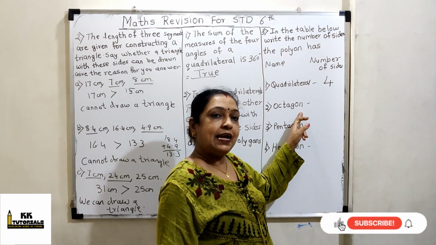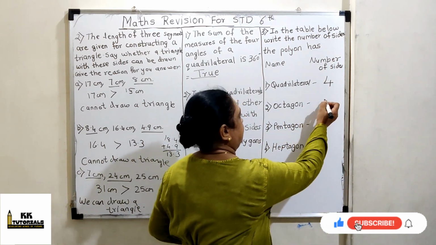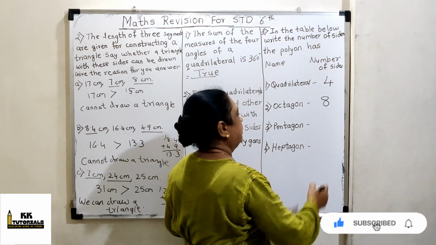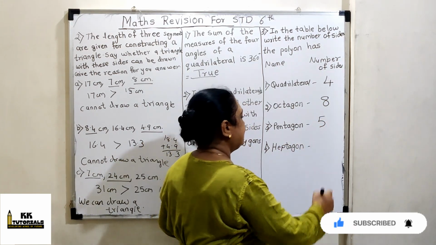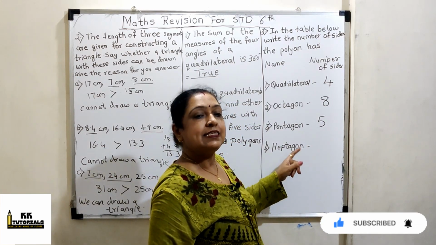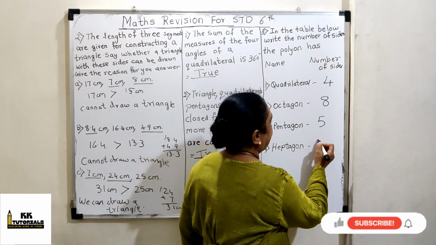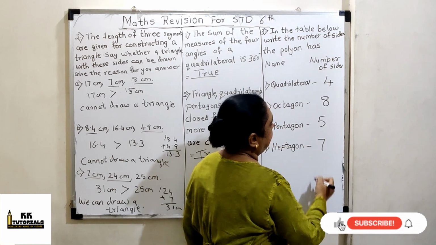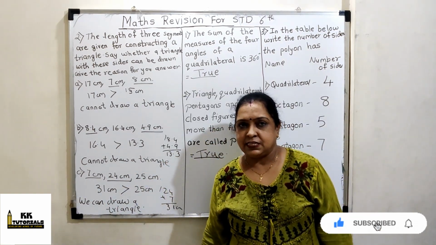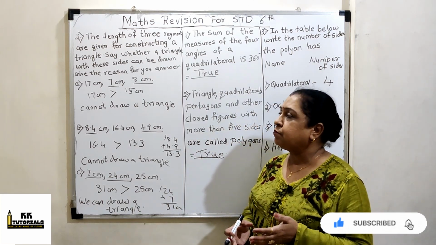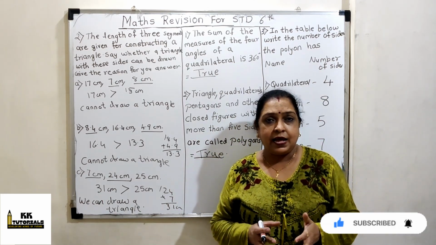Octagon has 8 sides. Pentagon has 5 sides and heptagon has 7 sides. Hepta means 7.